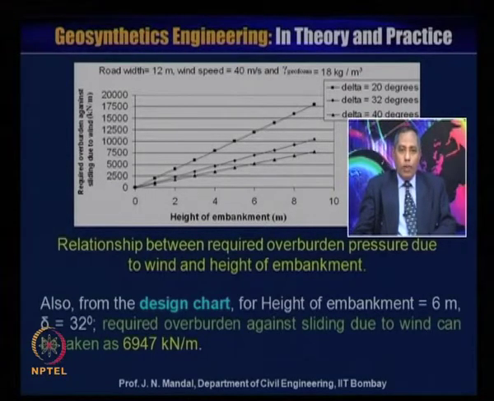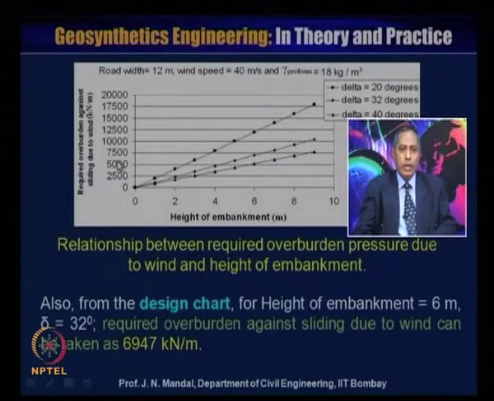So, now from this figure you can calculate the required overburden against sliding due to the wind. From this design chart, let us say that the height of the embankment is 6 meter and the delta value is 32 degrees. So, here is the height of the embankment, 6 meter, you go up to the delta value equal to 32, then you move horizontally.